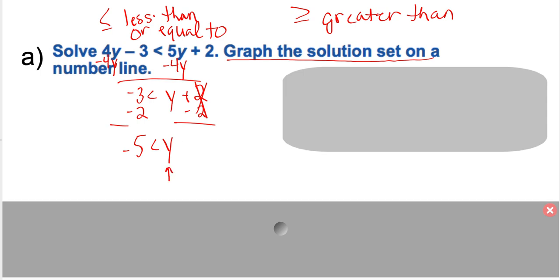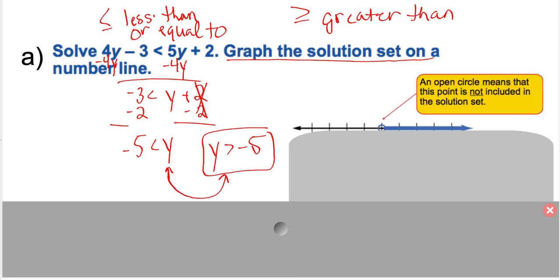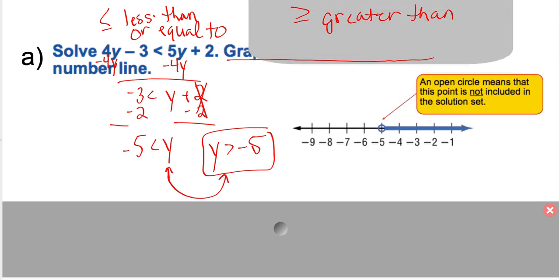So this says y is greater than negative 5. And then you're like, well, Henrik, you said that always to the right is greater than. Well, that's if you write it with the variable on the left. So just take the whole thing, flip-flop it around, and then you can follow your arrows, and you can read it how you're supposed to read it. Okay? That should be the way it's graphed.